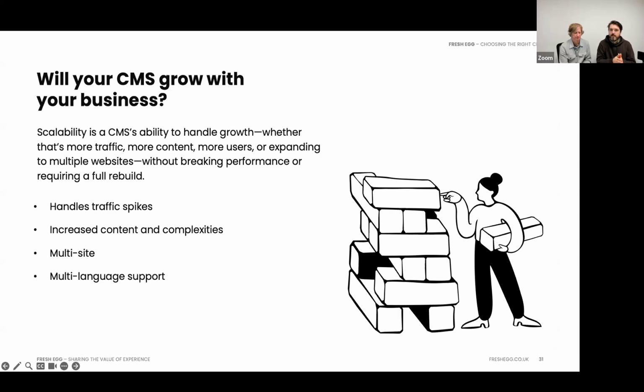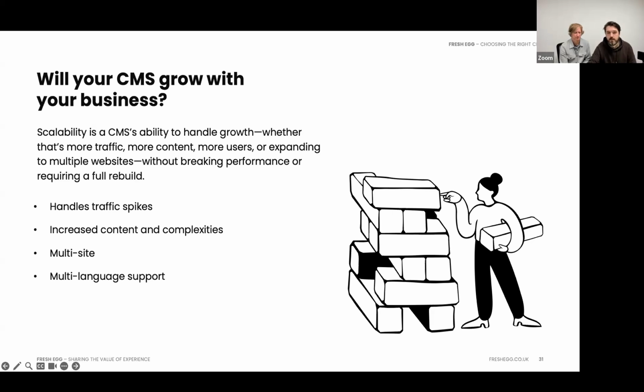Then you're going to need it to scale without breaking performance or requiring full rebuilds. That's the last thing that anyone wants, is to build a CMS and then in a few years' time realize it's not scaling, and a full rebuild can be hugely costly.